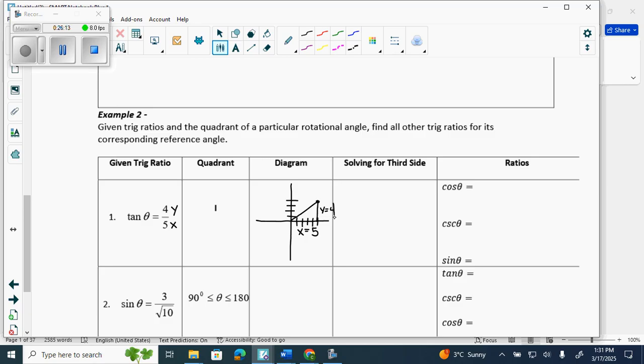So I go r squared equals x squared plus y squared. R squared equals 25 plus 16. R squared equals 41. Square root plus or minus.